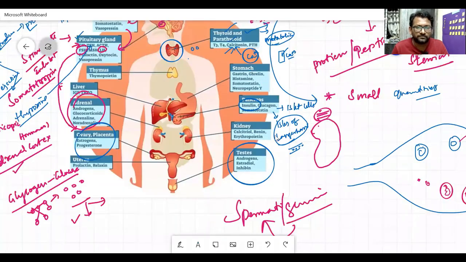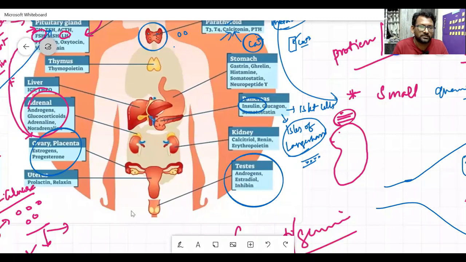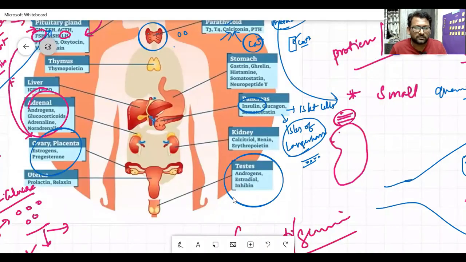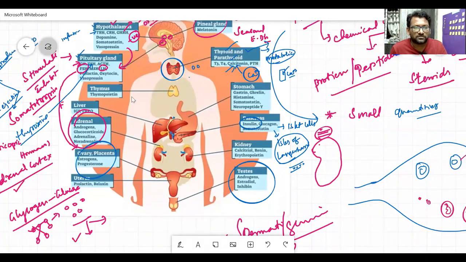Likewise, we have renin in kidneys, and the uterus would release prolactin and relaxin during pregnancy, so they are otherwise called pregnancy hormones. Thymopoietin would be released, and in the stomach, histamine, gastrin, etc. will be released.